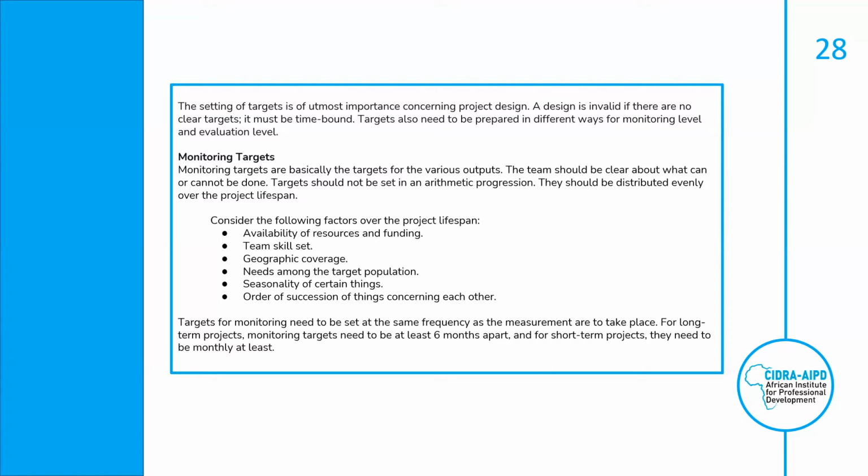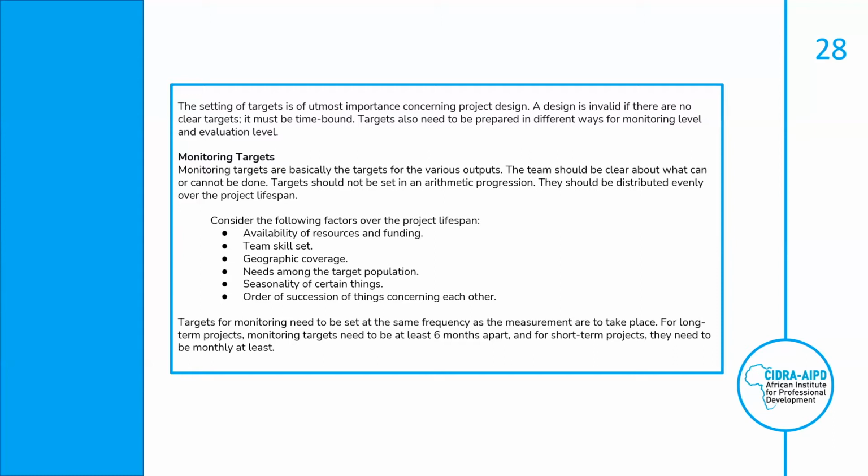Consider the following factors over the project lifespan: availability of resources and funding, team skill set, geographic coverage, needs among the target population, seasonality of certain things, order of succession of things concerning each other.